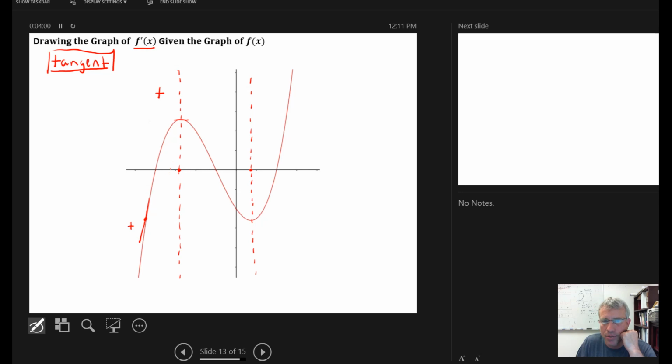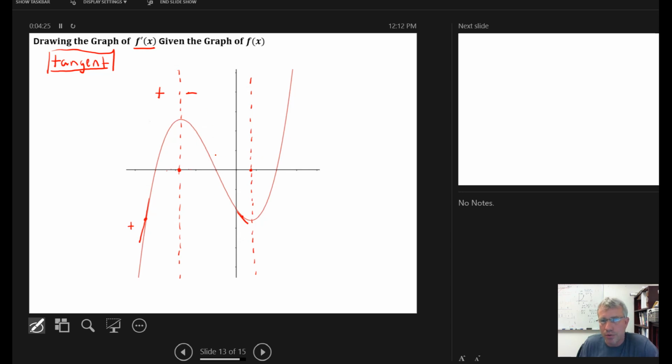Step across this place where the derivative has to be 0 and look at the graph and say, hey, what do my tangent lines look like here? And what I want to notice is that to the right of this point, I have negative slopes. The tangent lines are downhill. So as I step across this dashed line, the tangent lines switch from positive slopes to negative slopes.